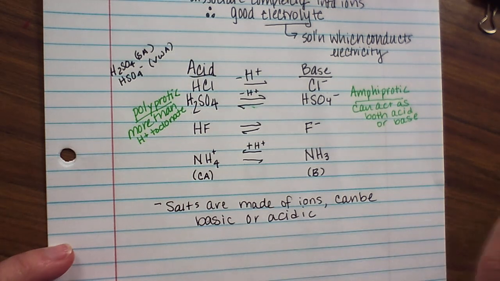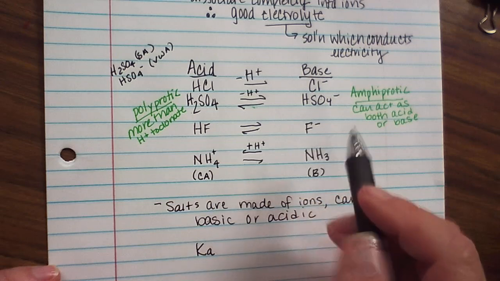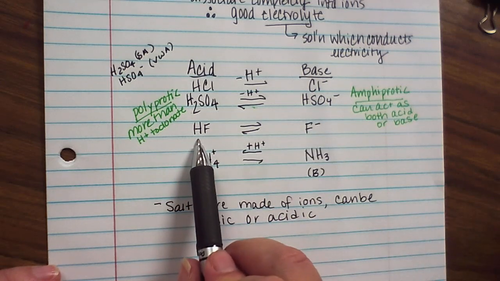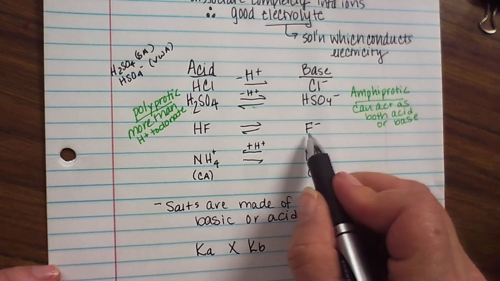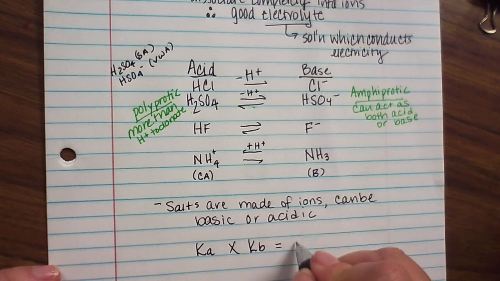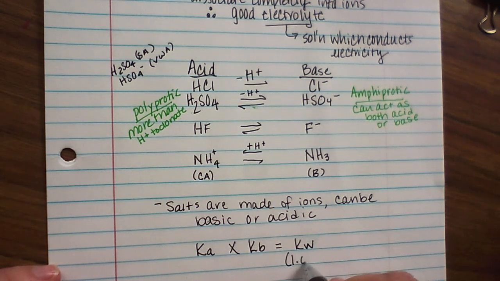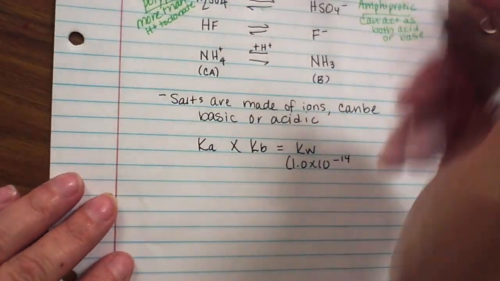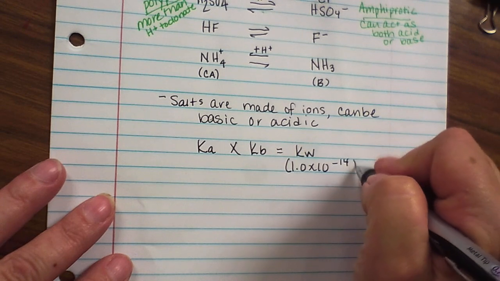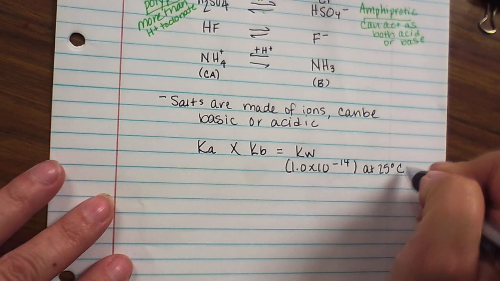And the way we figure this out is because we know that the Ka of HF times the Kb of F- is equal to Kw. Kw is 1.0 times 10 to the minus 14 at 25 degrees Celsius.